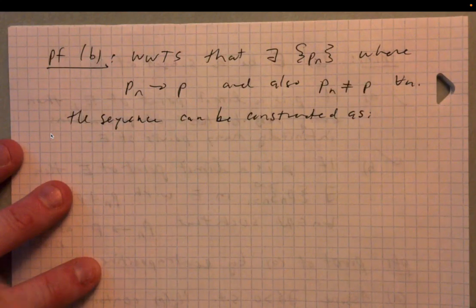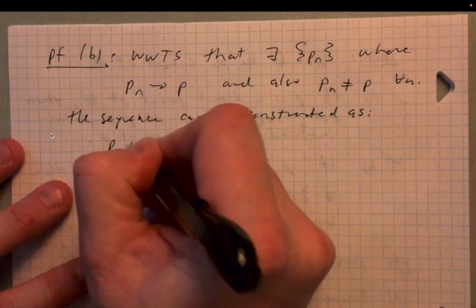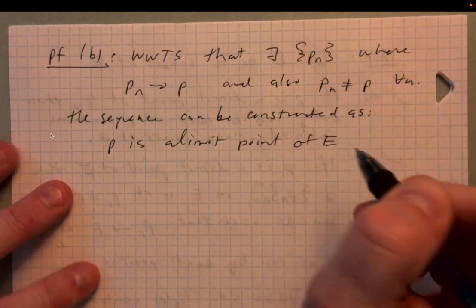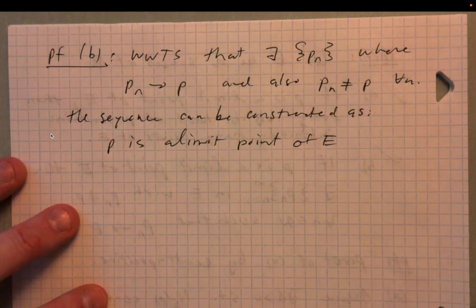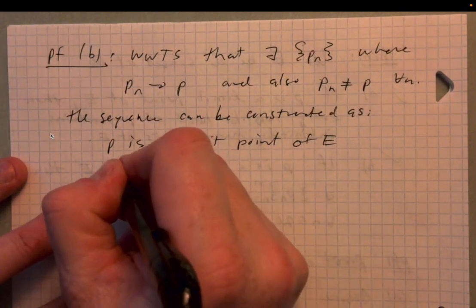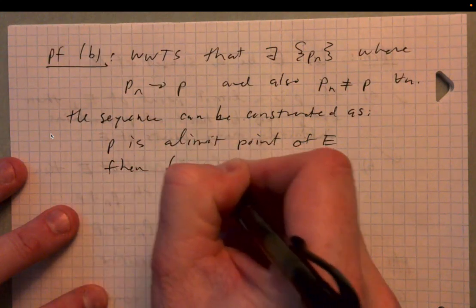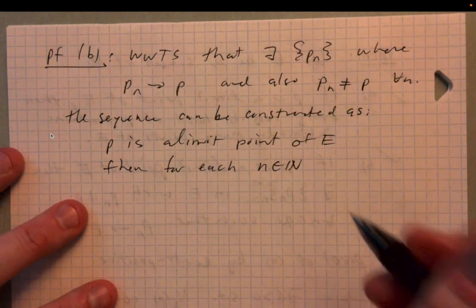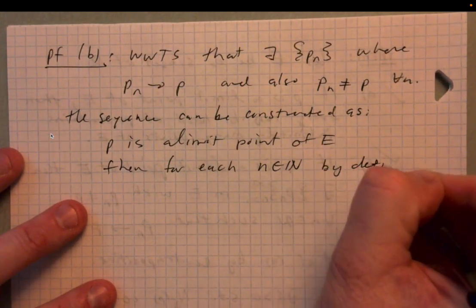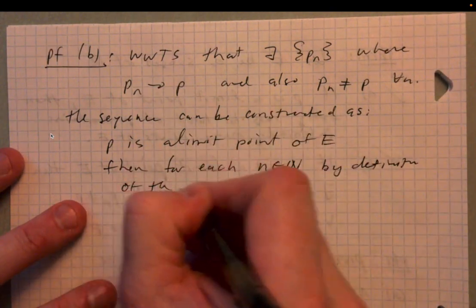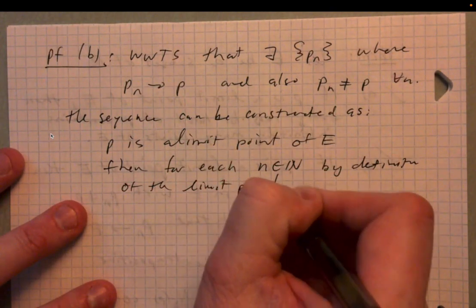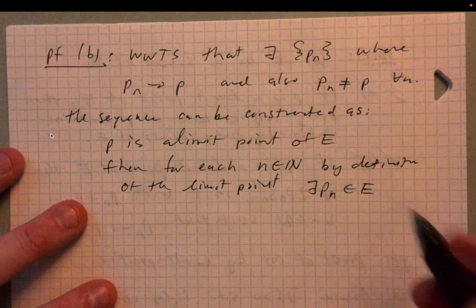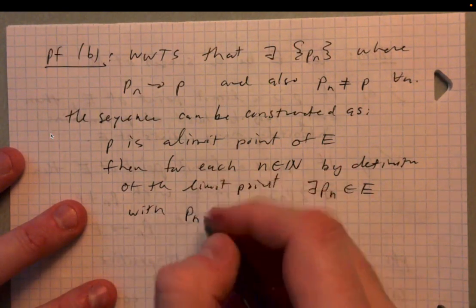Now, since p is a limit point of E, here's how we construct it. P is a limit point of E, right? Then for each n in N, for each n natural number, by definition of the limit point, there exists a p sub n in E with p sub n not equal to p.